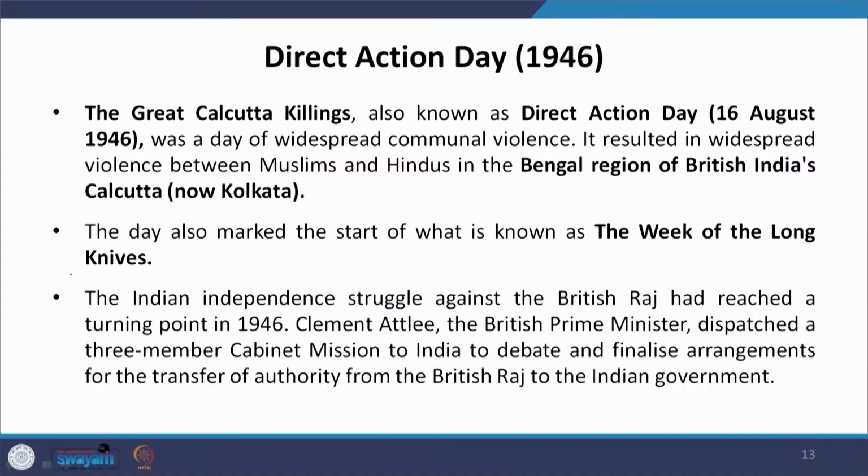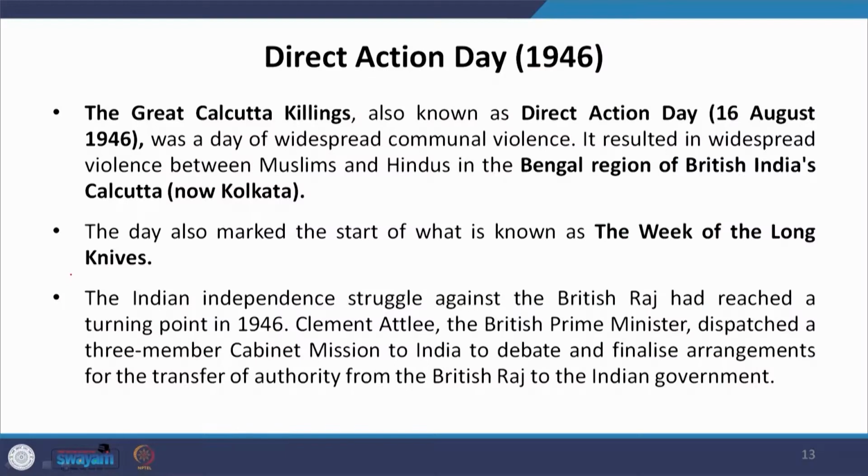It happened on 16th of August 1946. It is also called the Great Calcutta Killings. It resulted in widespread violence between the Muslims and the Hindus in the Bengal region of British India's Calcutta, which is now Kolkata. The day also marks the start of what is known as the Week of the Long Knives.